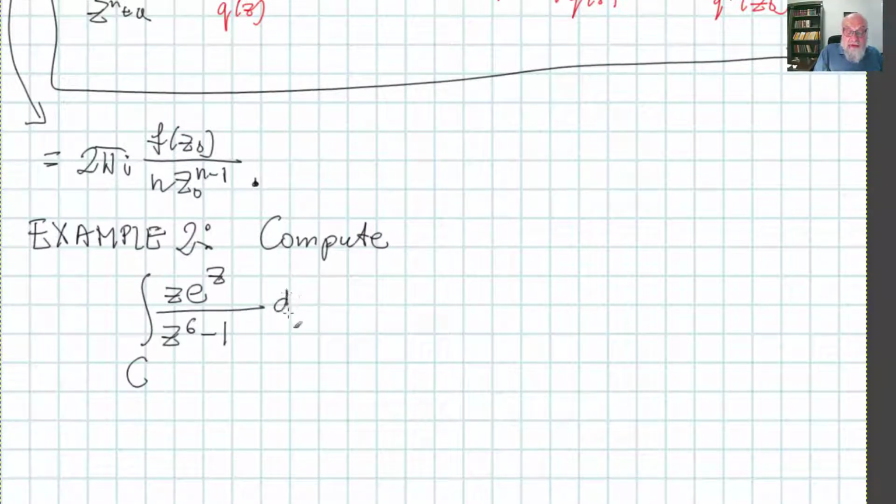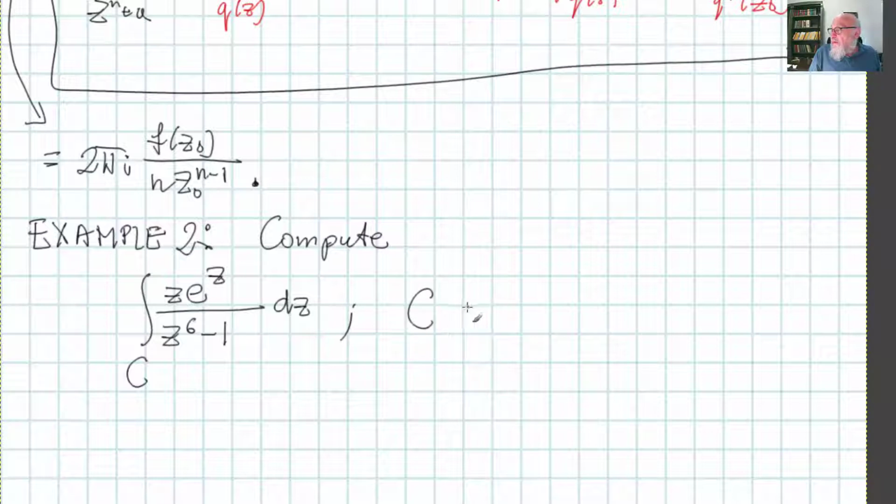I emphasize again that these types of integrals we were able to compute by applying the Cauchy integral formula. However, as you are going to see, in this case the method we will be using is much more efficient, much faster.